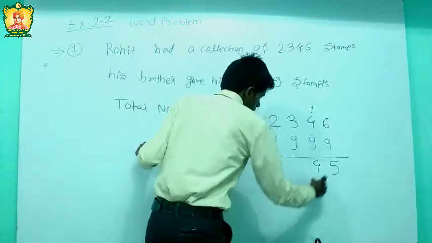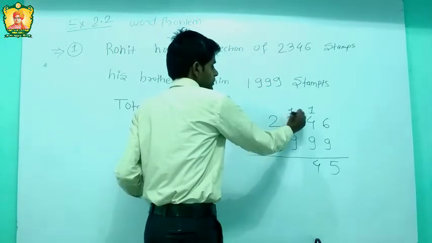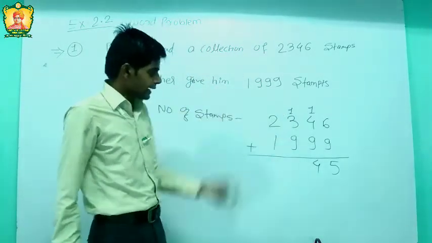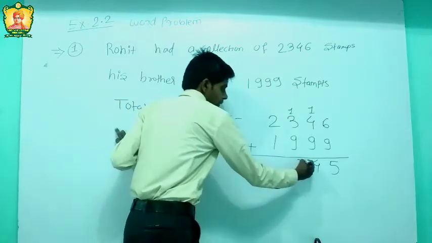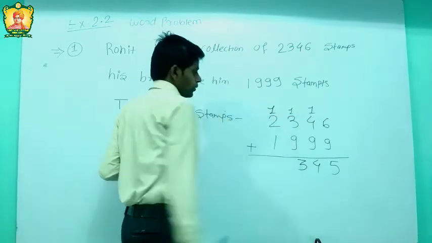We will write 4 here and 1 will be carried forward to the 100th place. 9 plus 1 again 10. 10 plus 3 gives us 13. So I will write 3 over here and 1 will be carried forward to the 1000th place.